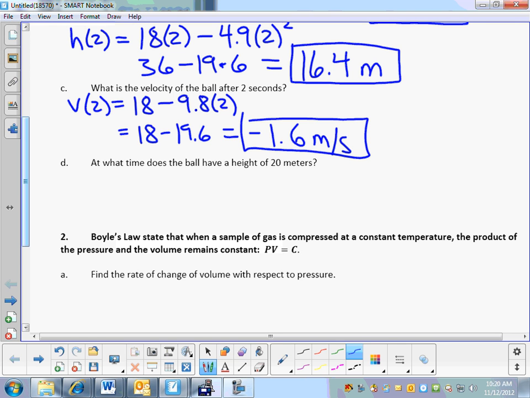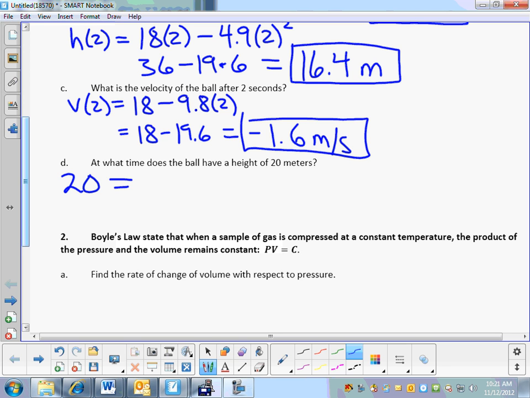Okay, and problem D, it says, at what time does the ball have a height of 20 meters? Very good. So I would use my original function, which would be height.